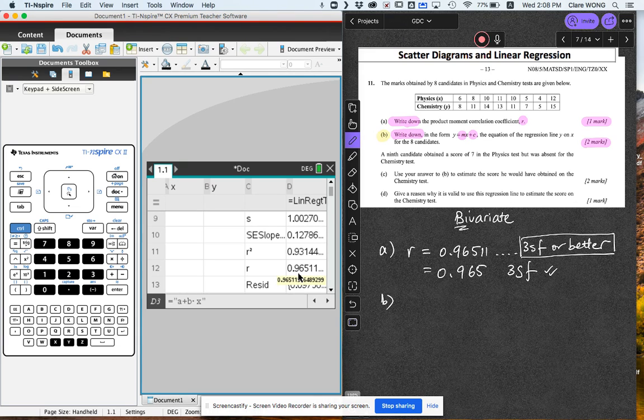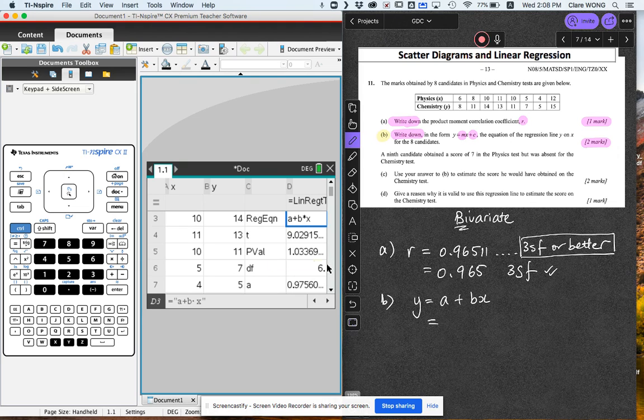Part B, again, we can write down, just scroll back up to find our linear regression line. It says A plus bx. So y is equal to A plus bx. So what is your A?